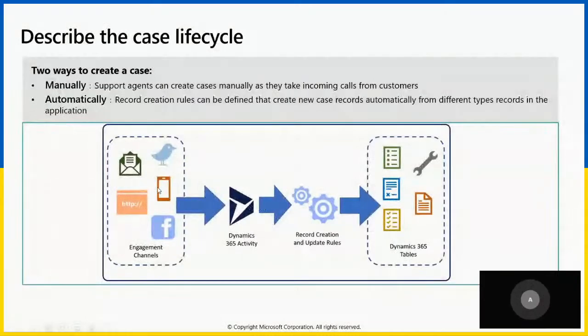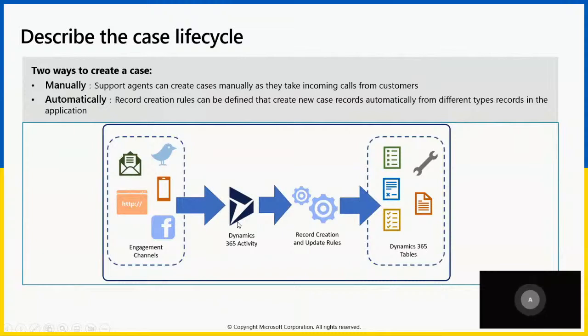Now, we talked about the case lifecycle, which comes about from other channels. There is a product from Microsoft, the omni-channel for customer service, in which you can configure a lot of channels where you can get feedback from your customers via Twitter, via Facebook, from emails and all of that. These are the channels in which you can get a case or get comments or tickets from your customers.